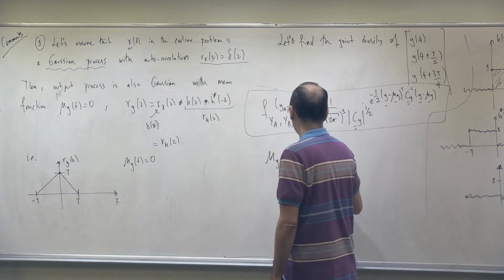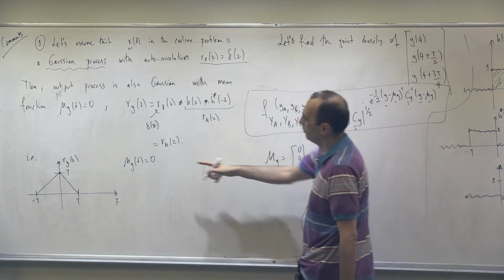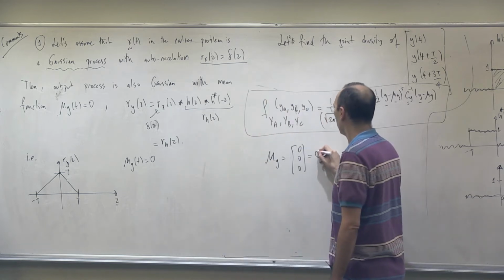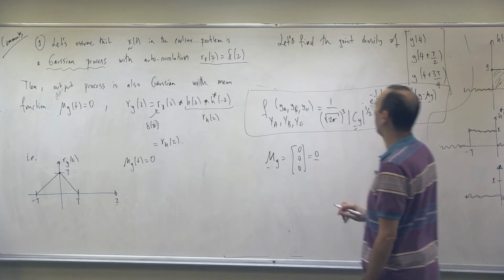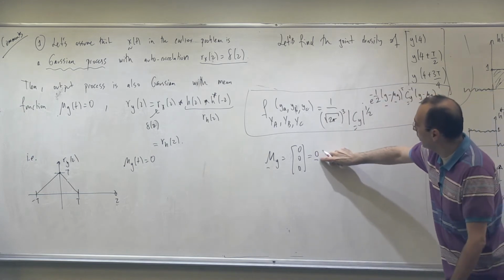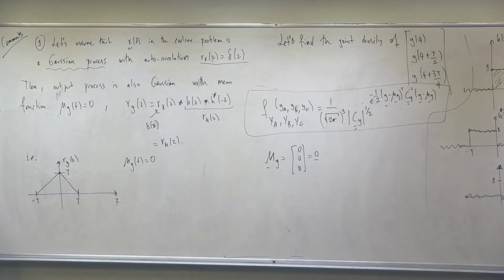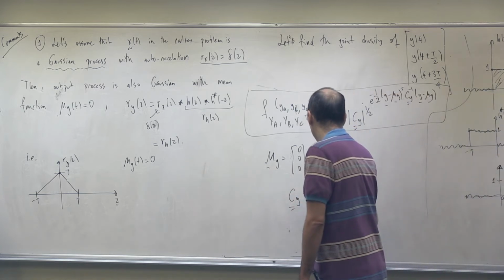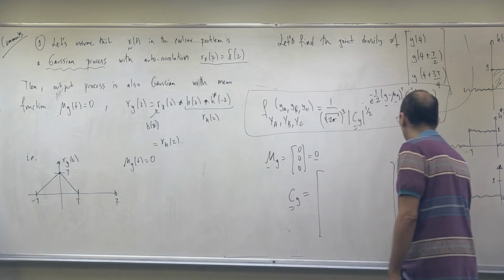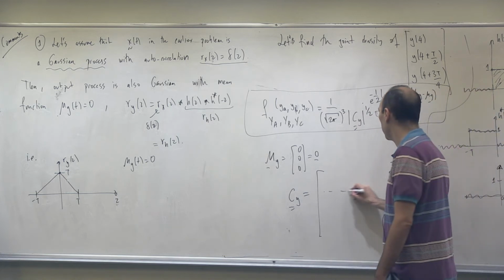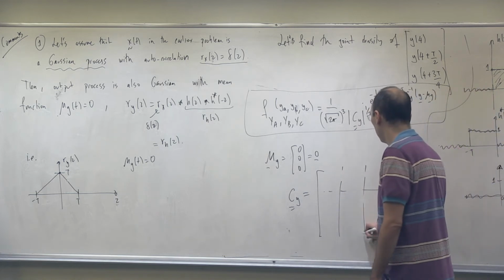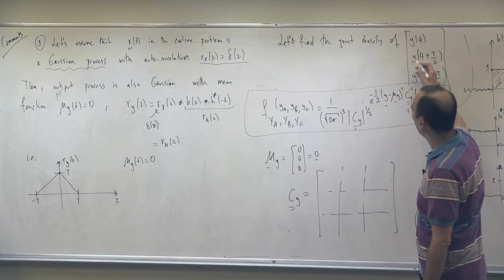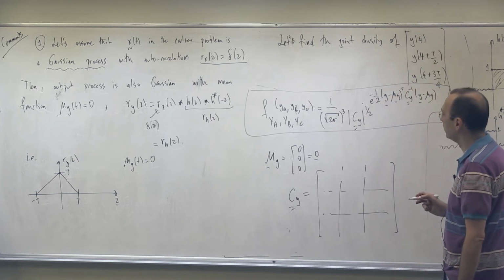Now, in this example, what is mu y? Mu y is the all-zero vector, because it's zero mean, we have said. So we sometimes show these zero vectors like 0 with an underbar. All elements are equal to 0. Now how about Cy? This is the covariance matrix. So as you can imagine, it holds pairwise covariances of three elements.